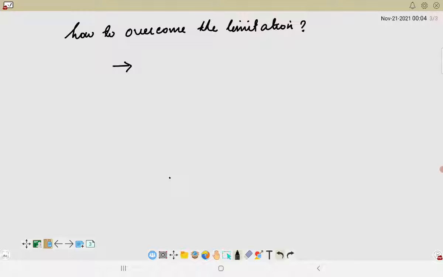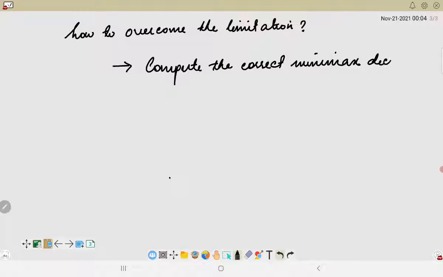So this is that if we compute the correct minimax decision without looking at every node in the game tree.